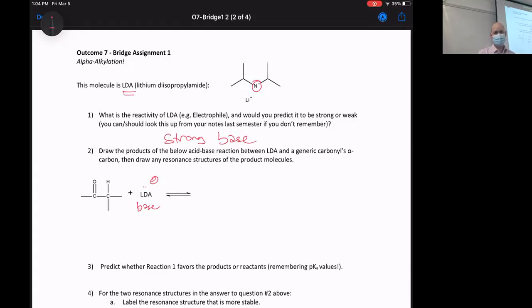In this case, I didn't give you a lot of options. This is the alpha carbon that's right next to a carbonyl carbon. What's the pKa of an alpha carbon? It's the most acidic of our CHs. It is 20, yes.